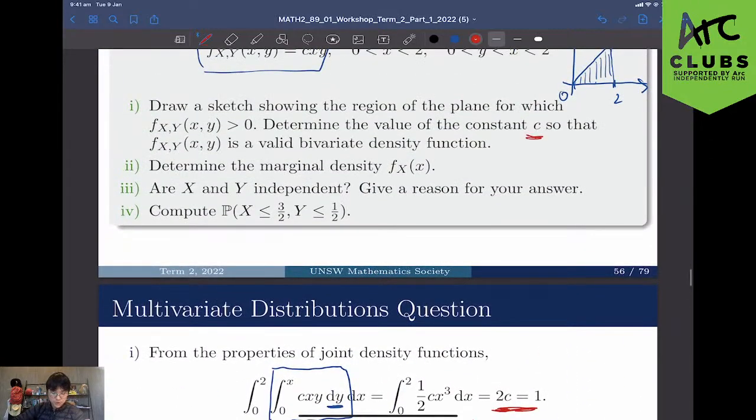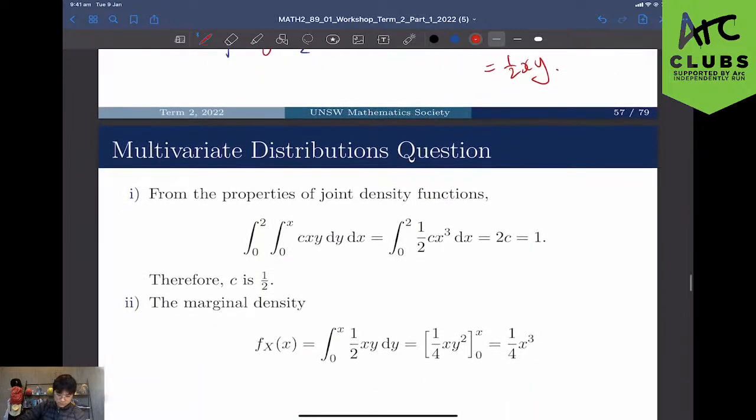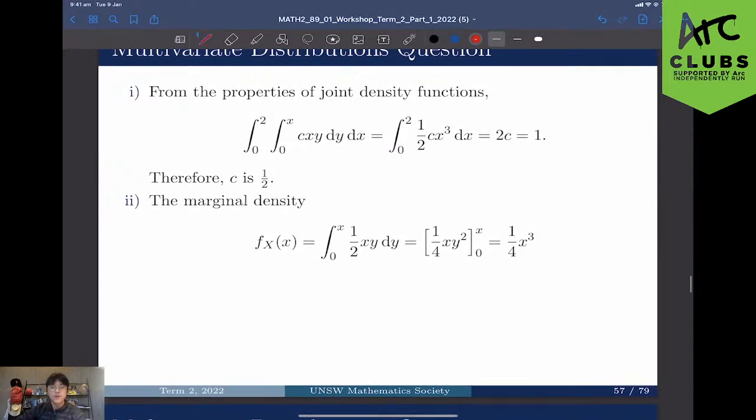And now they want us to show whether x and y are independent. So x and y are going to be independent if the joint density function is equal to the product of the marginal density functions. In part 2, we've calculated fx, so we have one part of this equation.